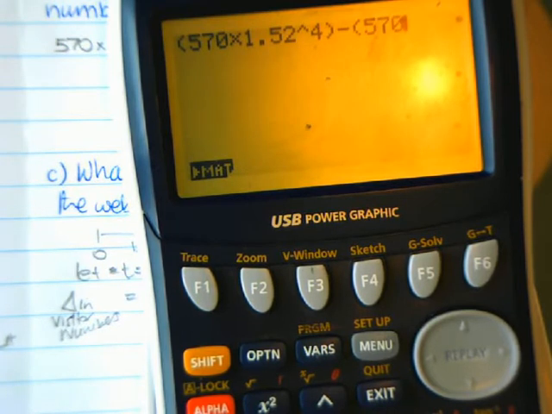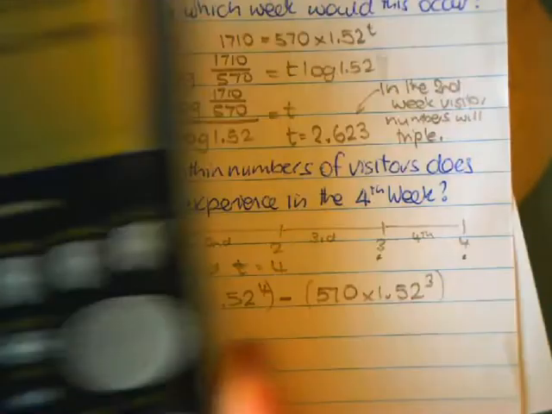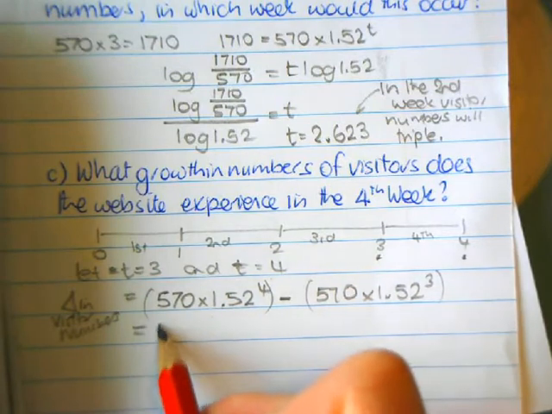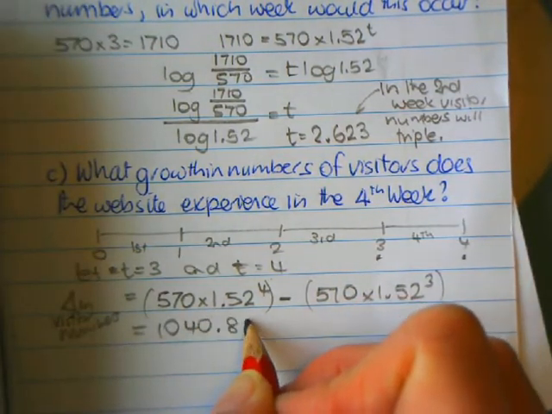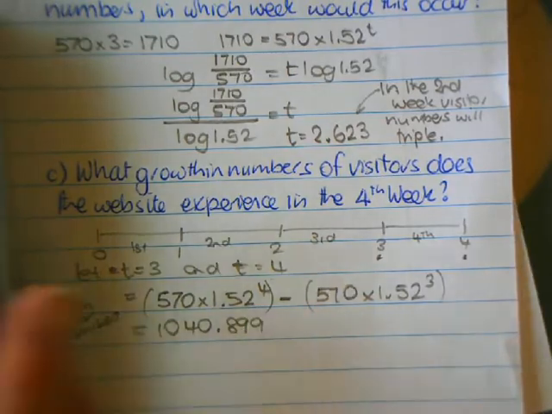So grabbing my calculator, change in visitor numbers, open bracket, 570 times 1.52 to the power of 4, because that's at the end of the fourth week, subtract 570 times 1.52 to the power of 3, and that's at the end of 3 weeks.